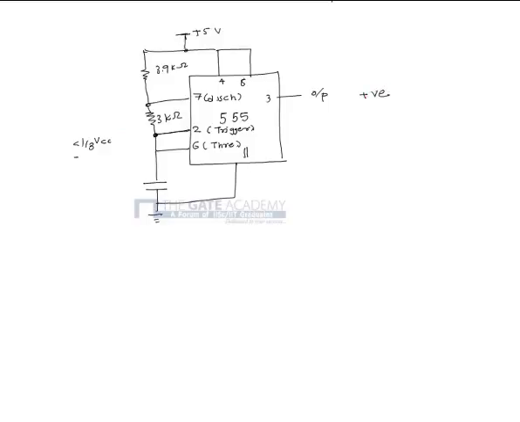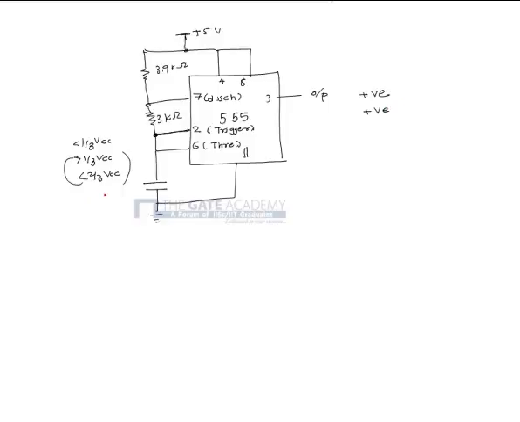Whenever it goes above 1/3 of VCC but remains below 2/3 of VCC, output is positive.